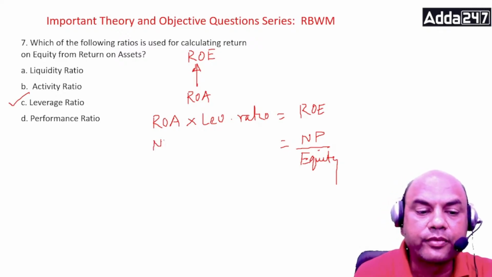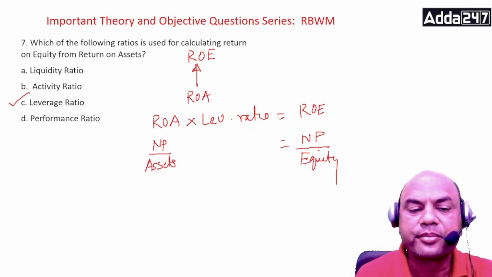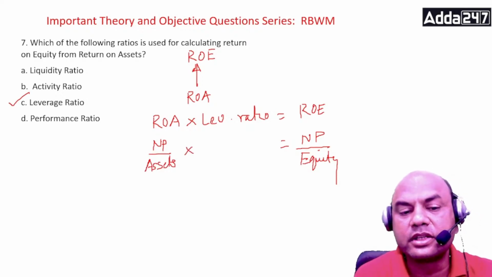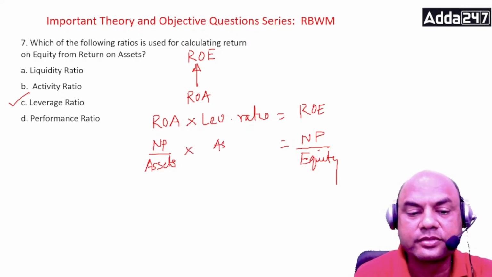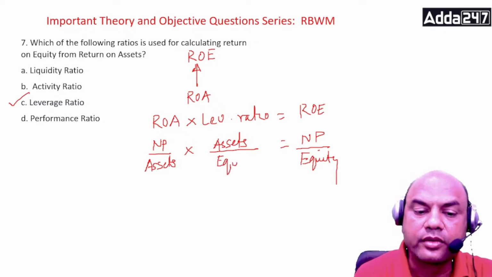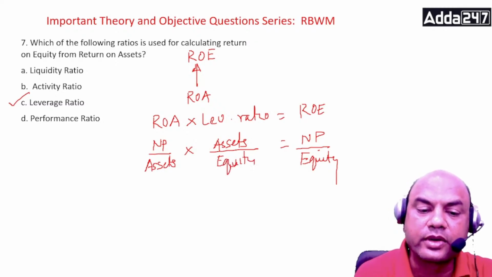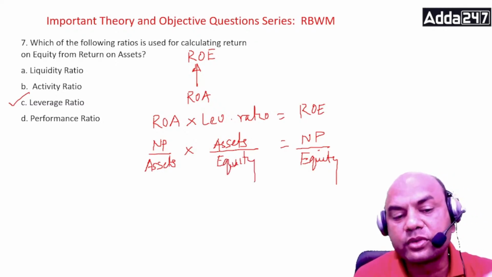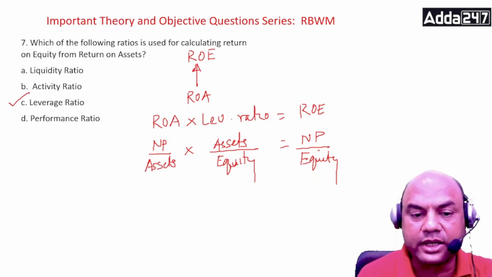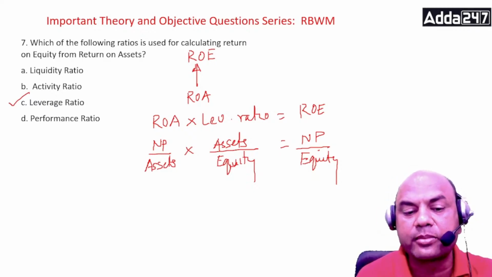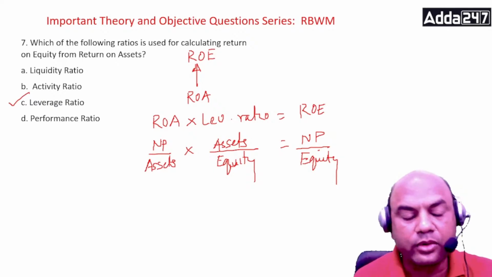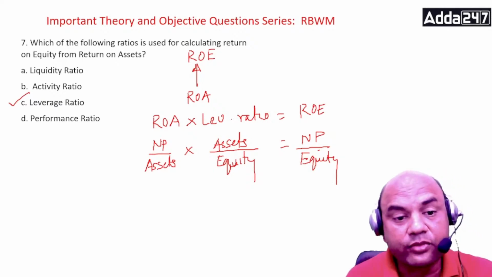Net profit upon assets. We call it average assets, but let's write simply assets. What is leverage ratio? Leverage ratio is assets upon equity. When you multiply these two, assets get cancelled and what remains? Net profit upon equity. So that becomes ROE. So that is the formula to be used.